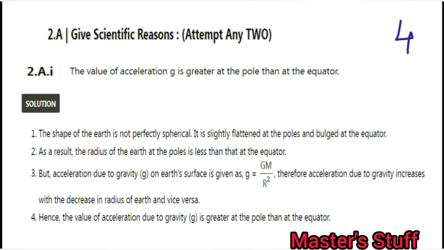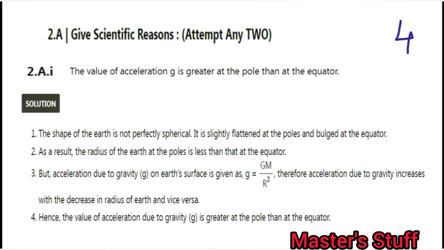Solution. First, the shape of the earth is not perfectly spherical. It is slightly flattened at the poles and bulged at the equator. Second point, as a result, the radius of the earth at the poles is less than that at the equator.